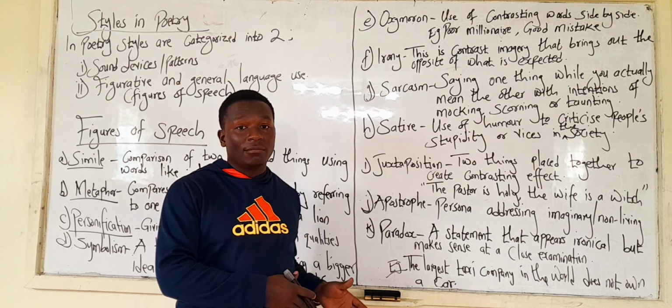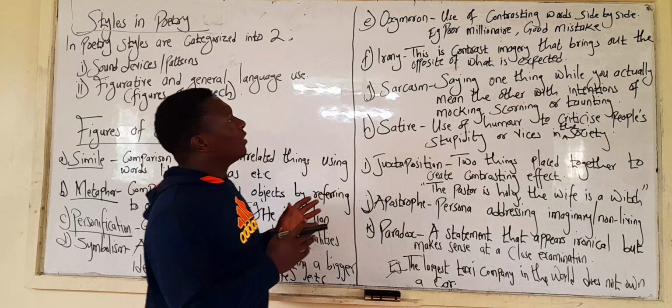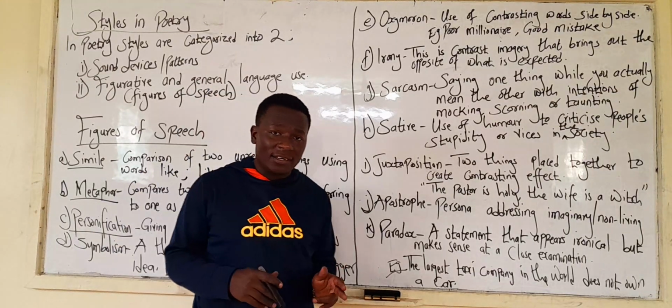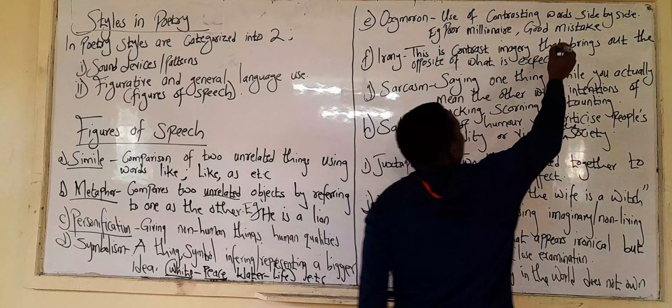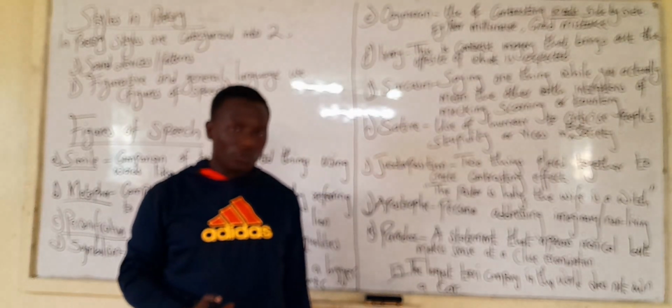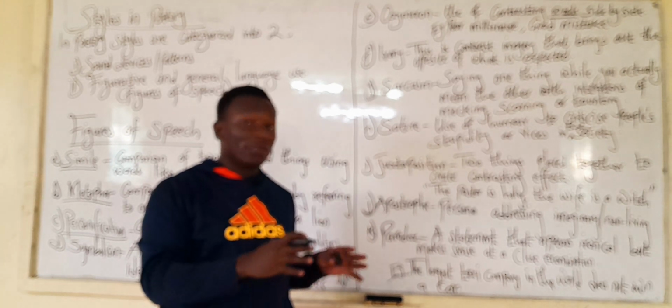But we are going to check them here so that you don't confuse them. Oxymoron is the use of contrasting words side by side. A very key feature I want you to note is contrasting words. Just a word and another word, but they are not the same.